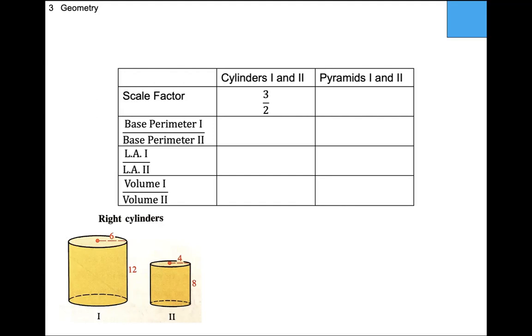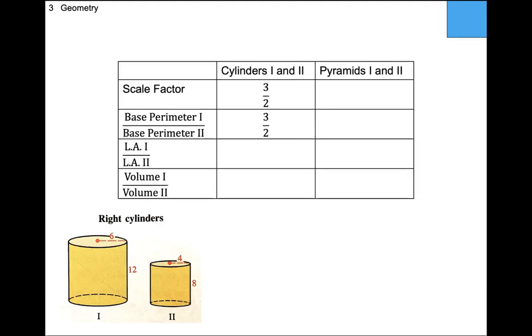The radius of the big one is 6, so 2 times pi times 6, and on the small one, 2 times pi times 4. The 2's cancel, the pi's cancel, and I'd be left with 6 over 4. Hey, that's 3/2 as well. Coincidence? Well, let's see. Let's do lateral area.